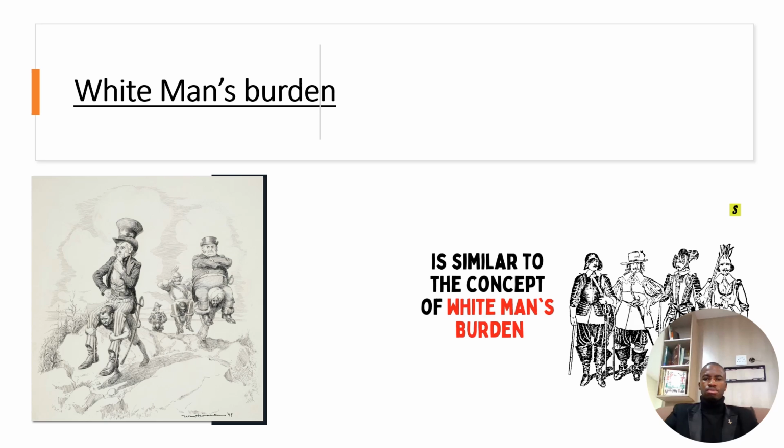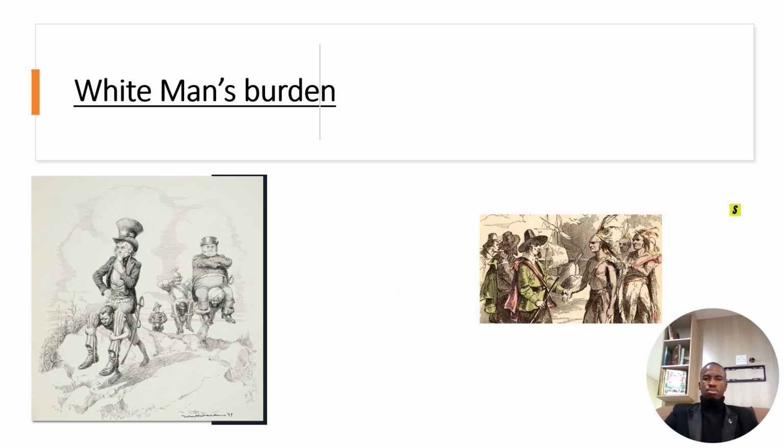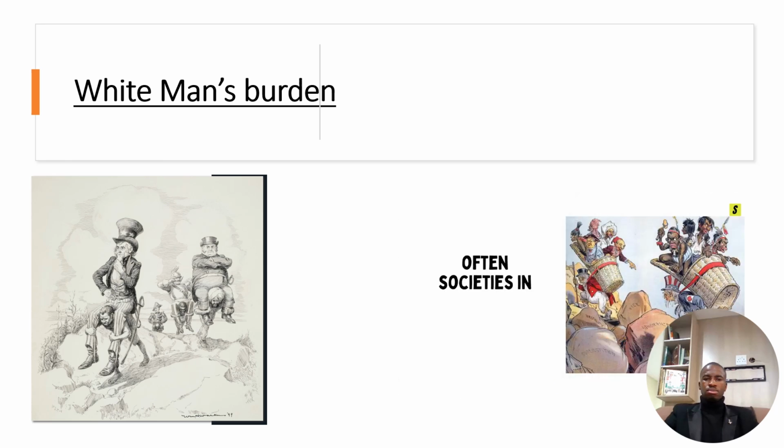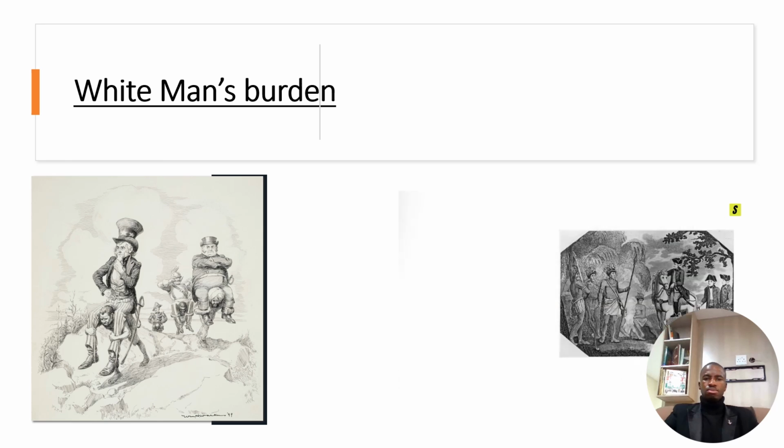white man's burden. The white man's burden was a belief held by Europeans during the 19th and early 20th centuries. They thought it was their duty to bring civilization and progress to people in other parts of the world, often societies in Africa, Asia, and the Americas. This belief was tied to ideas of racial superiority, where Europeans considered themselves more advanced and capable of improving the lives of others. This was seen as a responsibility.